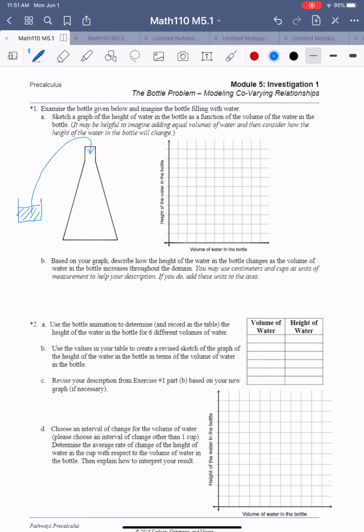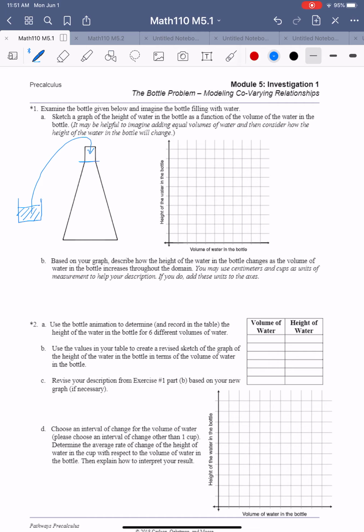Same amount of volume each time, and let's see how much height that water can reach. As you notice, the bottom is very wide, and then it gets narrower to the top, until it gets up to here, right?